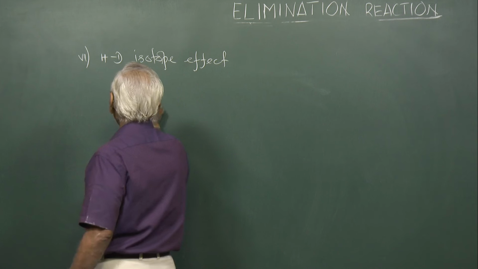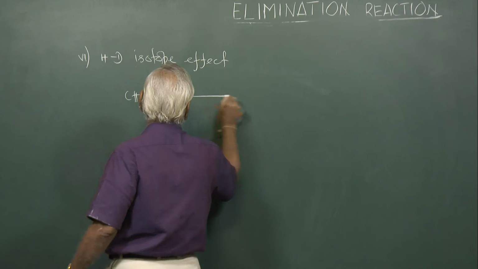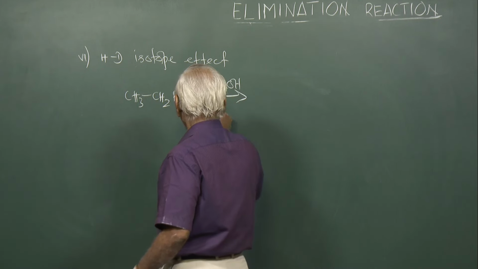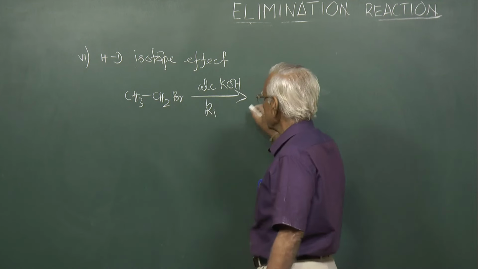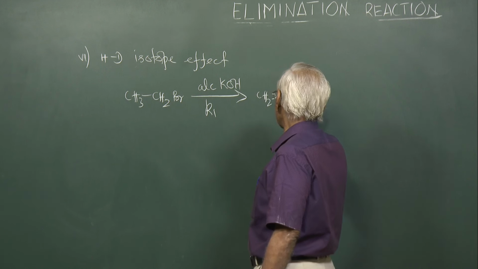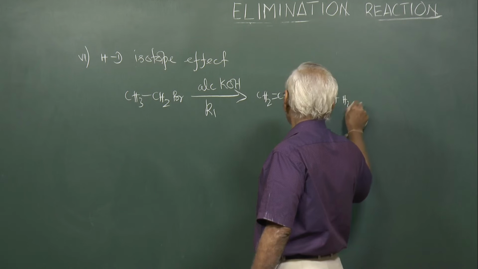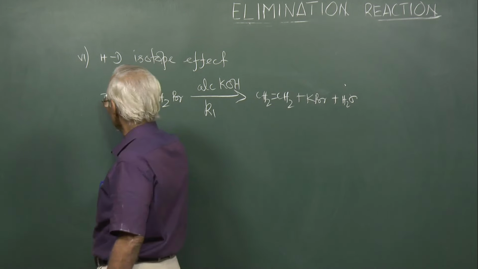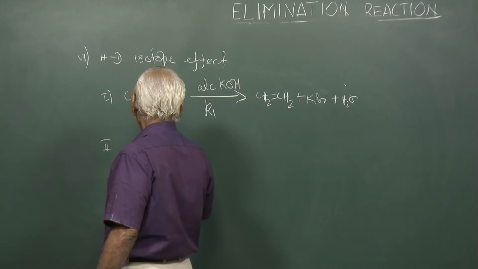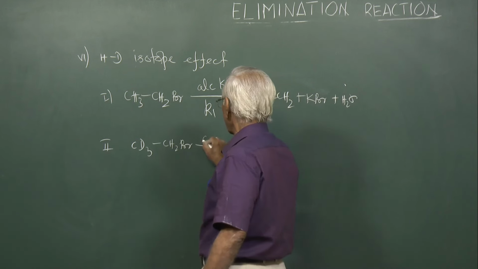CH3CH2Br with alcoholic KOH, rate constant K1, the product is CH2=CH2 plus KBr plus H2O. CD3CH2Br with alcoholic KOH.